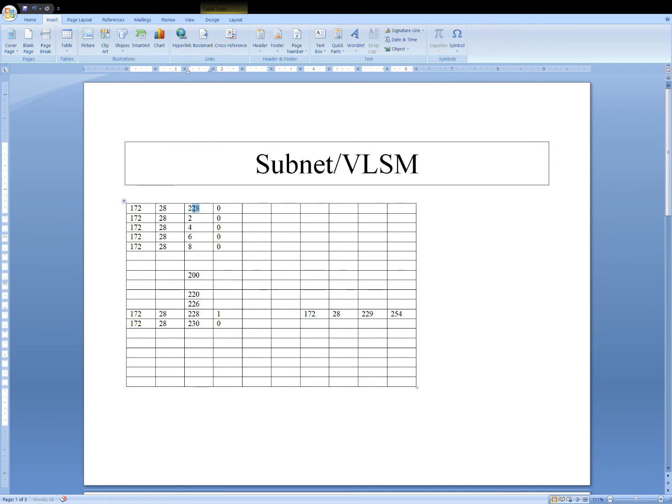I don't touch the first 3 octets, and my networks are going to go up by 8, in the 4th octet. So just filling these in here to give us an idea.